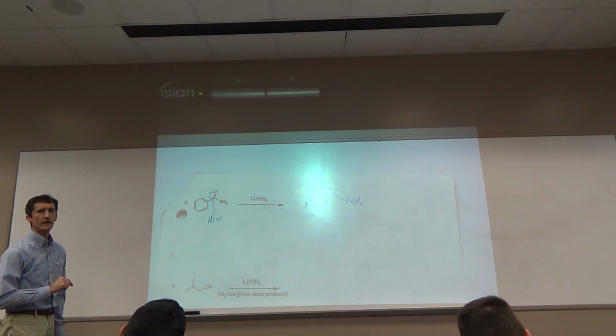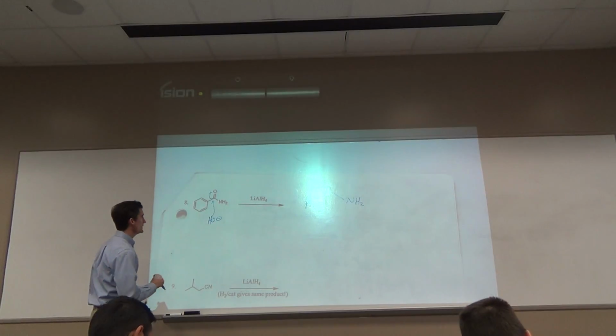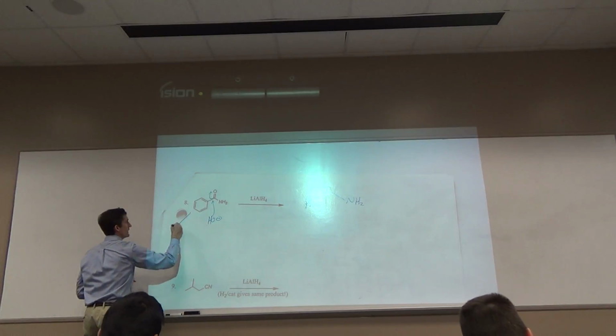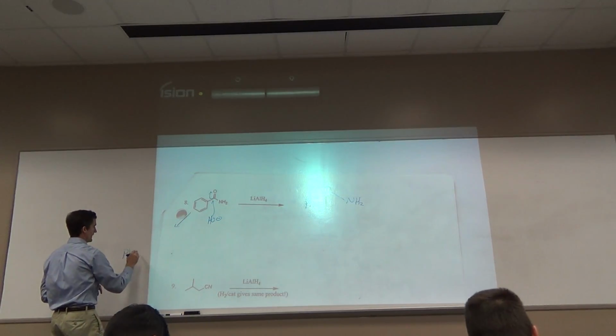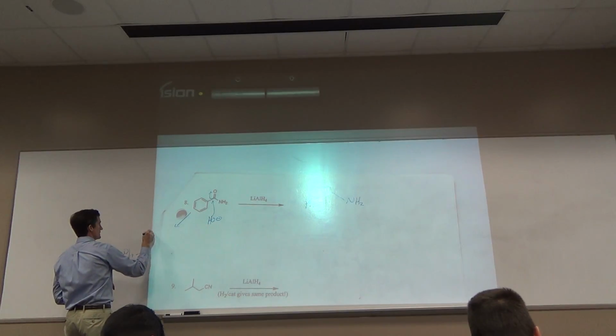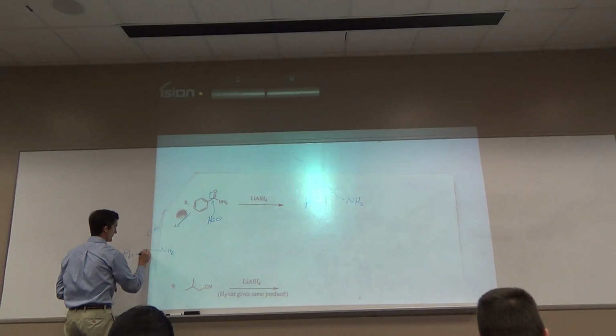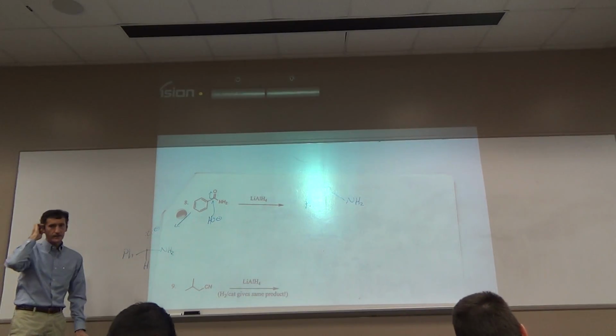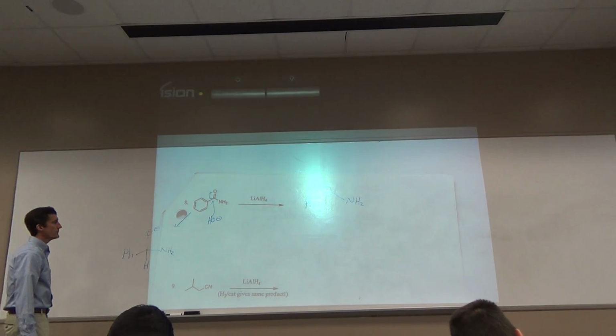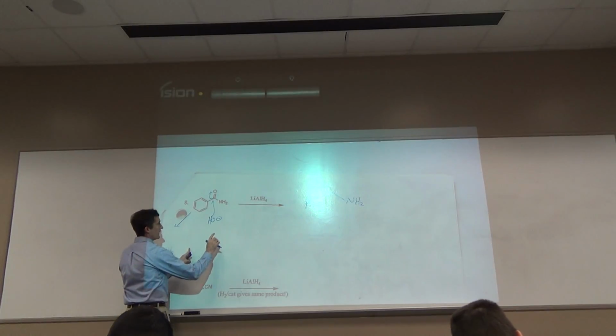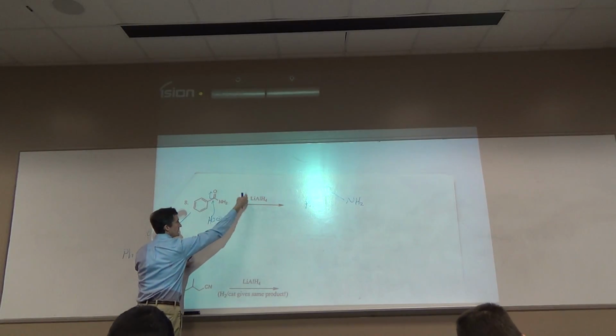Let's see if we can work our way towards how this happens mechanistically. First, hydride adds. Obviously, it can't come back down. What else is here if we consider everything else?